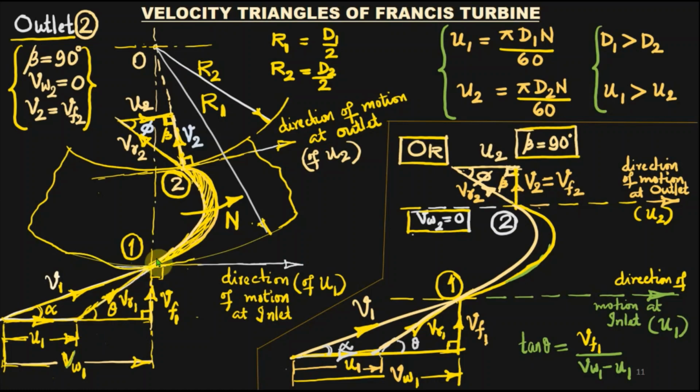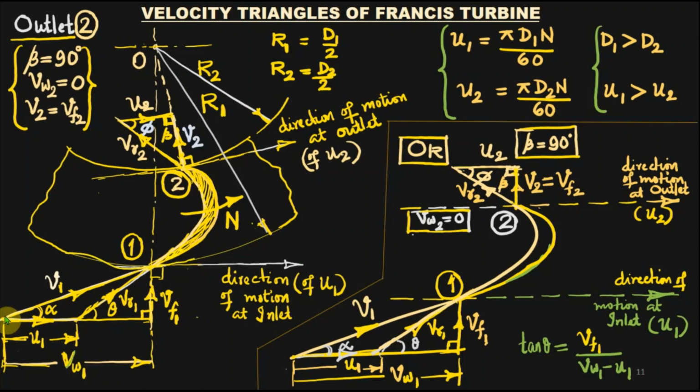But remember, VR1 must be tangential to the blade surface at inlet. And for that purpose, this alpha is the angle at which the water must be guided by the guide vane to the runner vane.